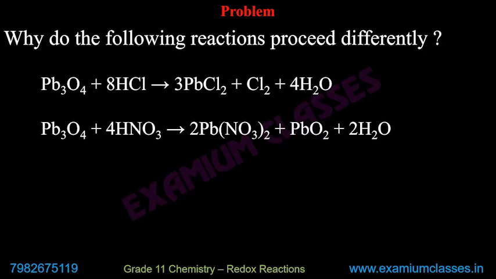You have the same mixture compound here, say Pb3O4, but when we get it reacted with HCl, which is an acid, we get PbCl2, Cl2 and H2O. But when the same compound is reacted with another acid, HNO3, this is again an acid, we get Pb(NO3)2, PbO2, H2O. Why is this difference there?